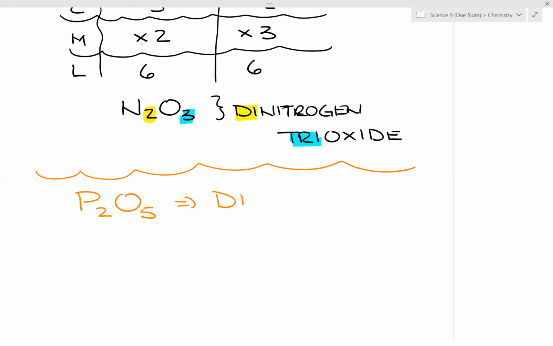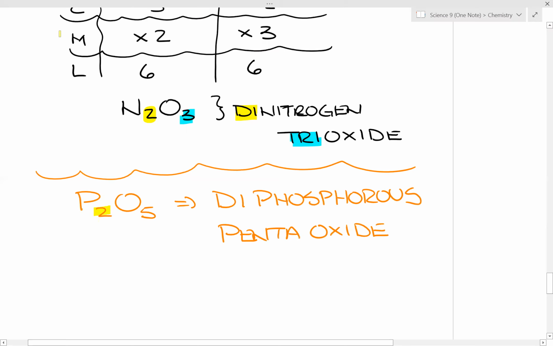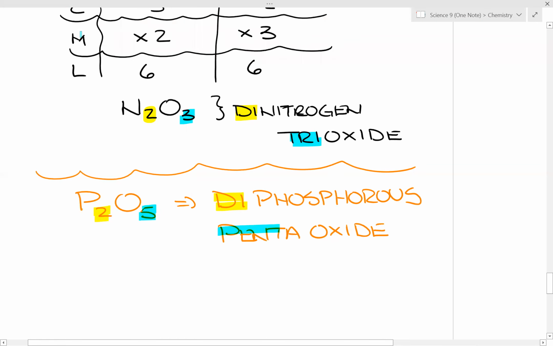That would be diphosphorus pentaoxide. So the 2 would be the di, and in this case, the 5 would be the penta.